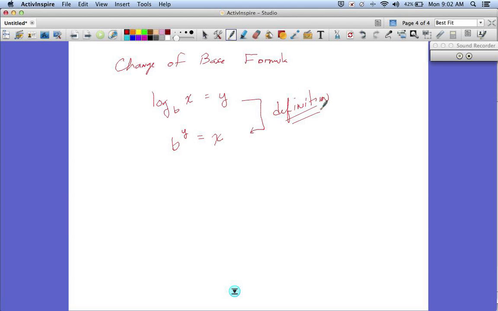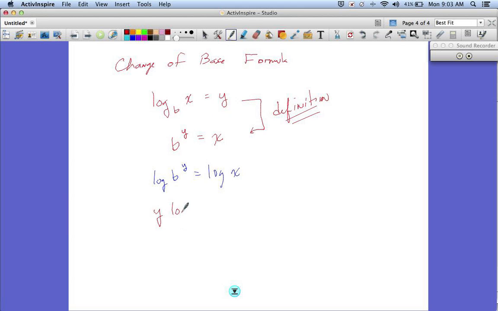You know that. Well, I want to solve this for y. So I'm going to take the log of both sides. Log of b to the y equals log of x. And I can take the log of any base as long as the bases are the same. It doesn't matter as long as both sides are the same. The y jumps to the front.